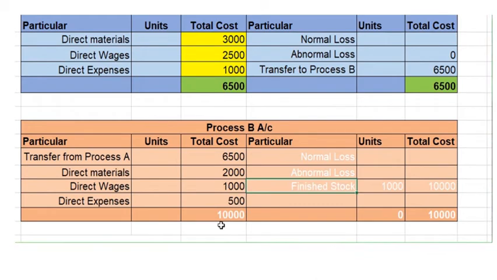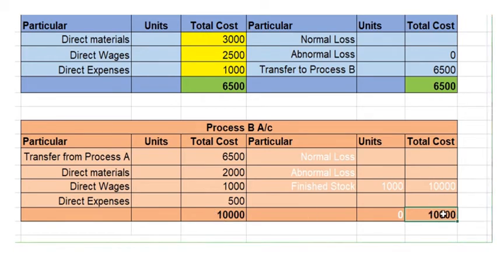Now you have to total the column on the left hand side: 6,500 plus 2,000 plus 1,000 plus 500 is 10,000. The left hand side total is written on the right hand side.